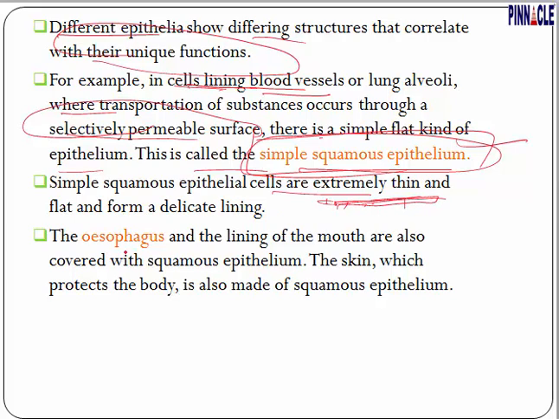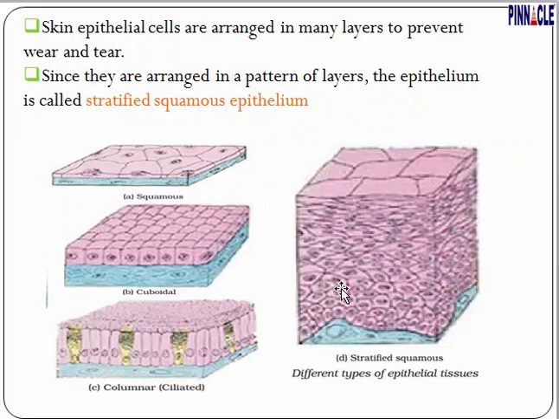The esophagus, present in the upper part of the alimentary canal, and the lining of the mouth are also covered with squamous epithelium. Skin, which protects the body, is also made up of squamous epithelium.